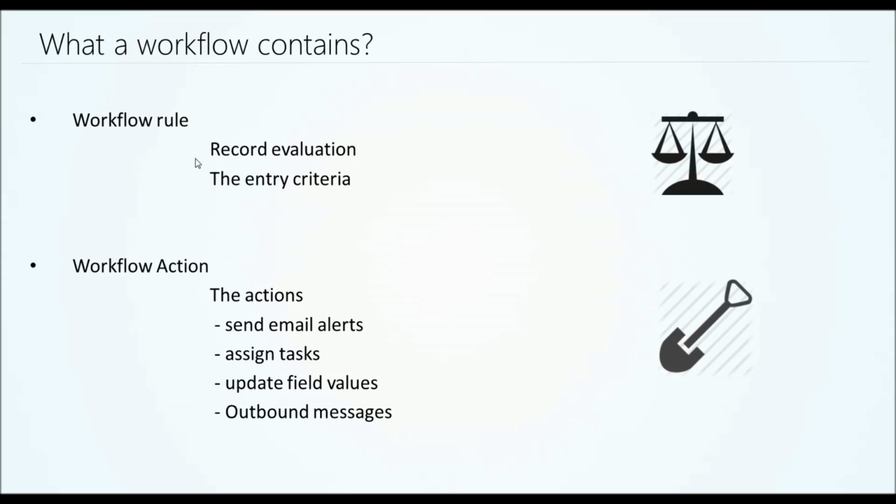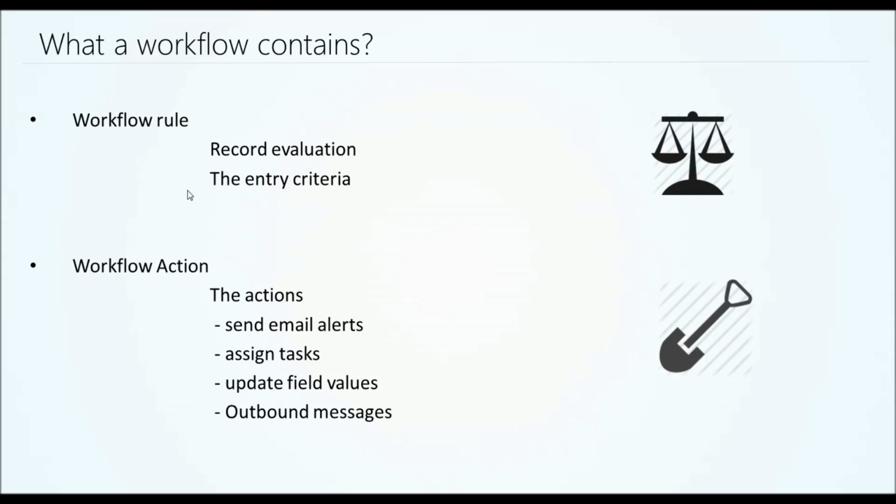The instant when the new position is created is called the workflow record evaluation. This record evaluation can be done in different ways, mainly at the time of creation of an object, or at the time of editing of an object.